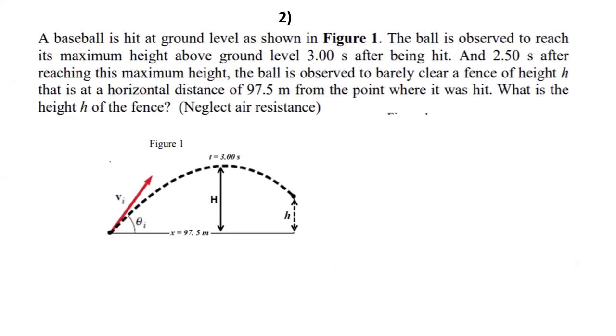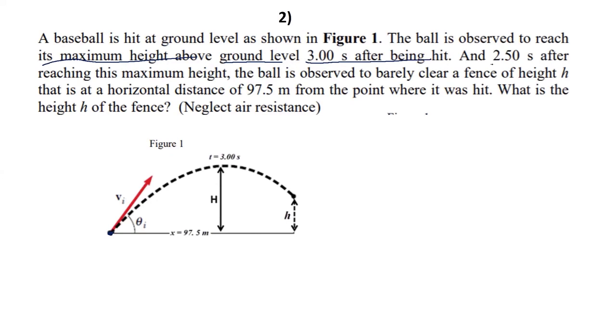Now let me solve this problem. Now read the problem carefully. So a baseball hit at ground level here is shown in figure 1. The ball is observed to reach its maximum height above the ground after 3 seconds after being hit.